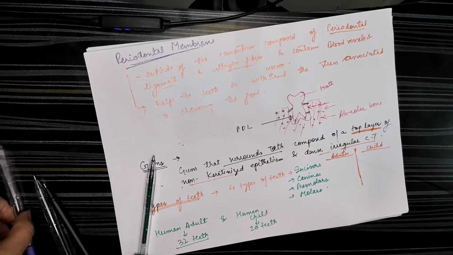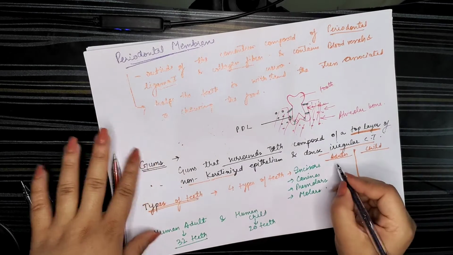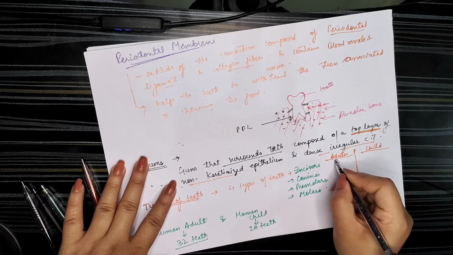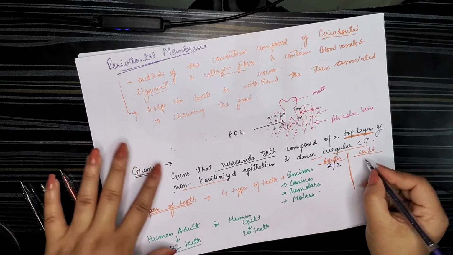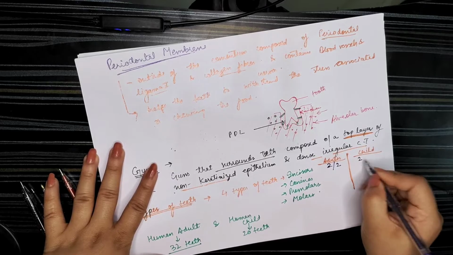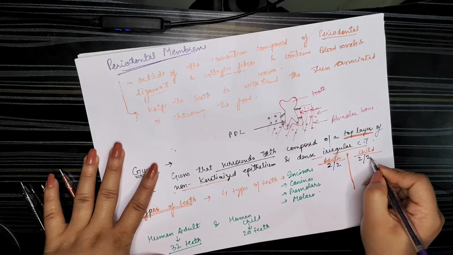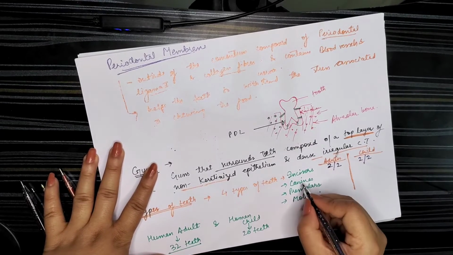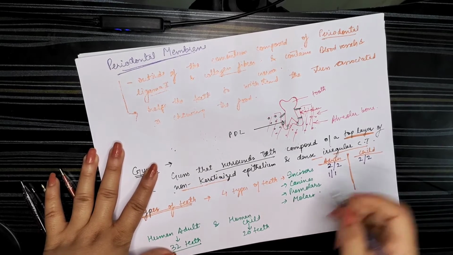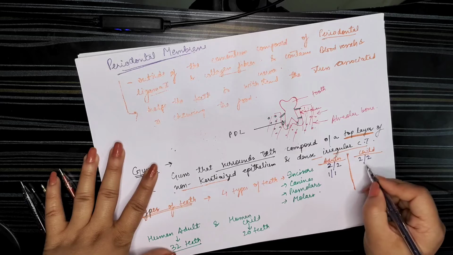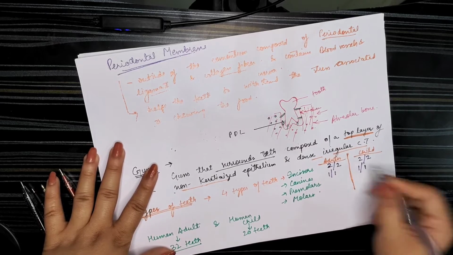As for adults, there are 2 incisors in maxilla and 2 in mandible. And for child, 2 incisors in maxilla, 2 in mandible. Canines, 1 canine in maxilla, 1 in mandible, and for child, also 1 in maxilla, 1 in mandible.